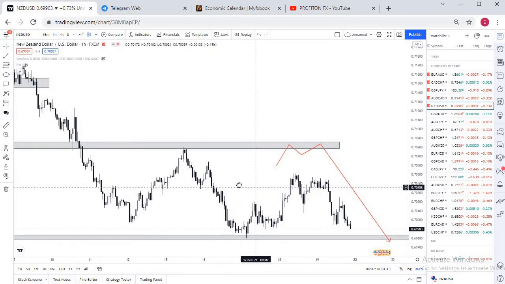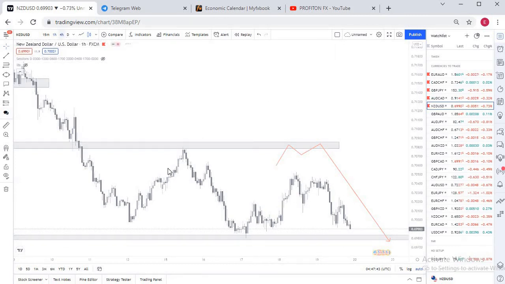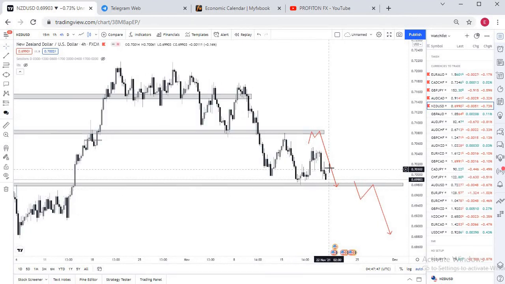So currently we are at this point here. So this setup here, if price will manage to move back to these highs, to this level here, then this first setup will be valid. I'll be looking for multiple rejections and then going short.